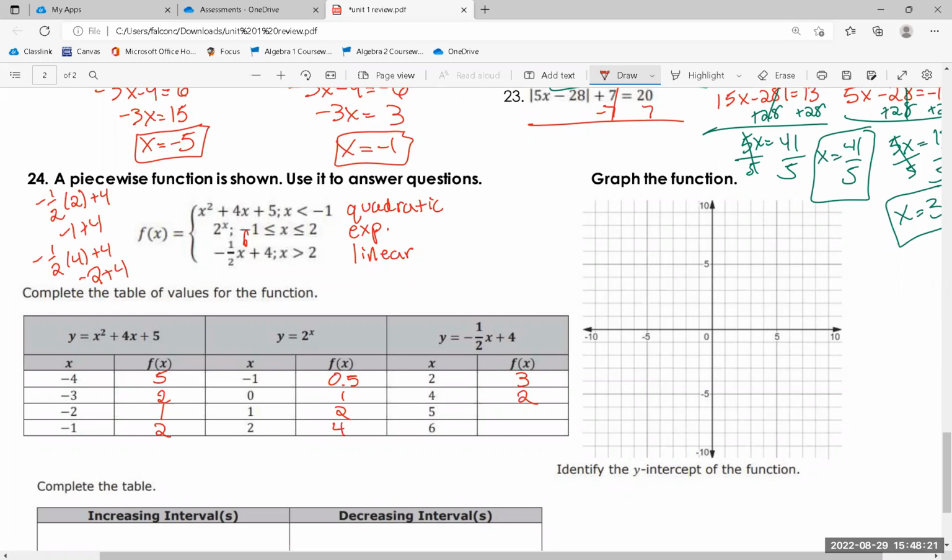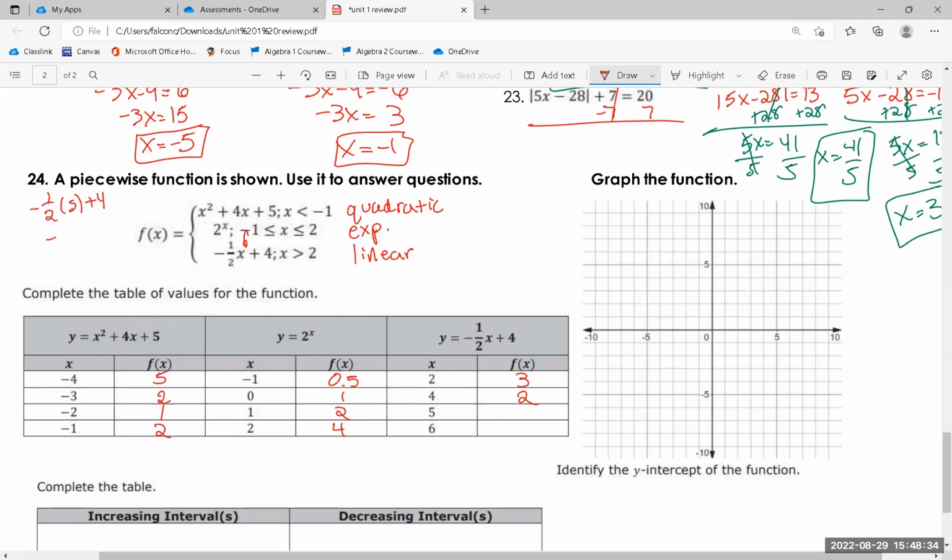Gonna erase this. All right, 5 will have negative 1/2 times 5 plus 4. So that'd be negative 5/2 plus 4. Common denominator, we can change this 4 to a 4/1.